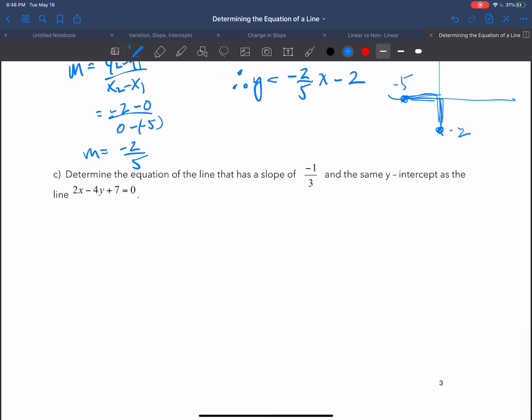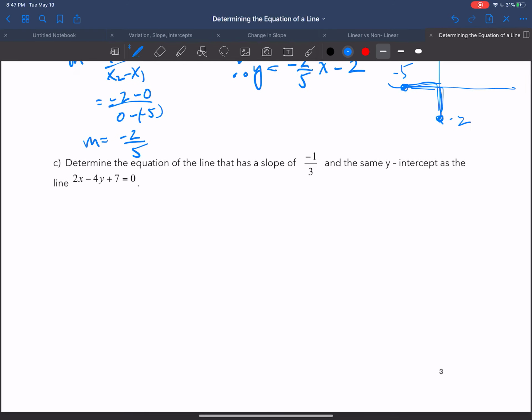Okay, so determine the equation of a line that has a slope of -1 over 3 and has the same y-intercept as this line. So mx and b, they gave us the slope for this equation of the line that we need to come up with. We know that the slope is -1 over 3.